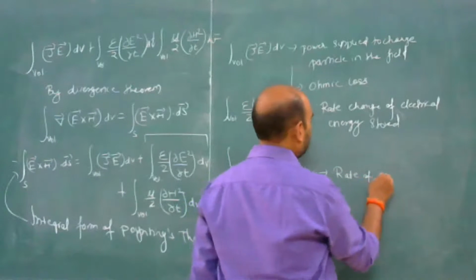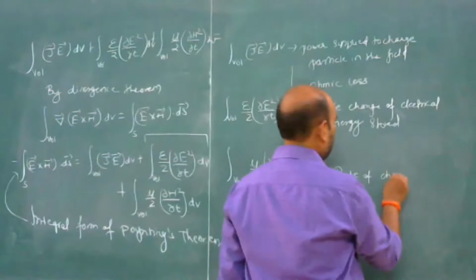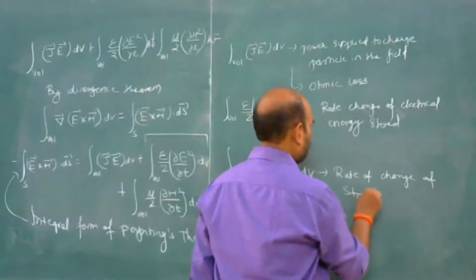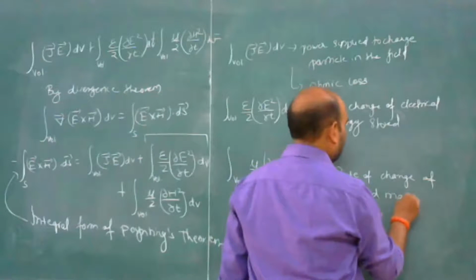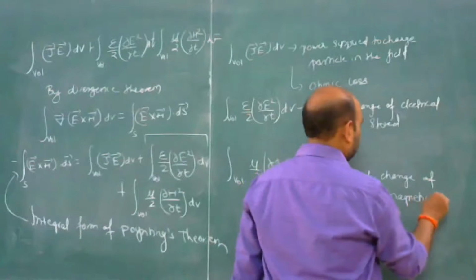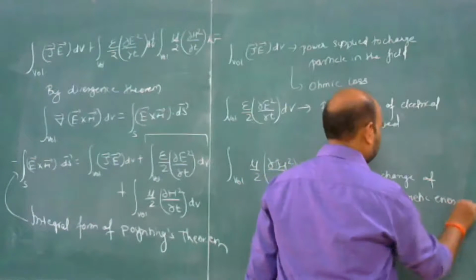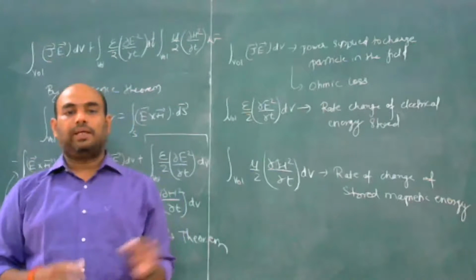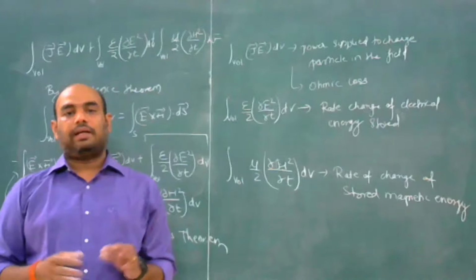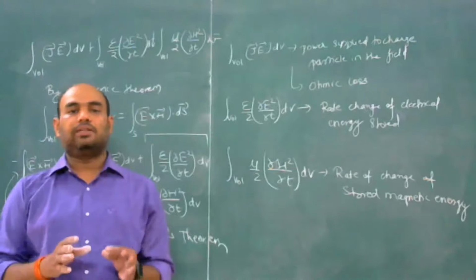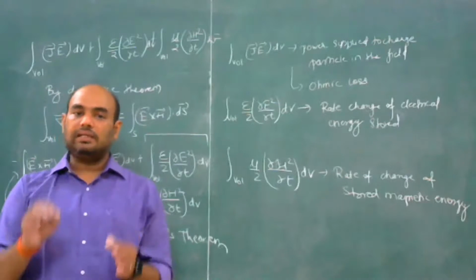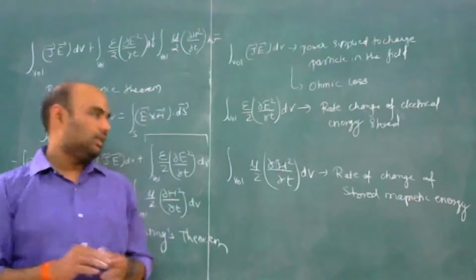Rate of change of stored magnetic energy. Okay, so when the integral is positive, the external source is supplying energy to the magnetic field, which results in an increase in the magnetic field.